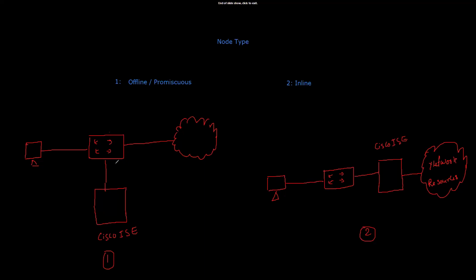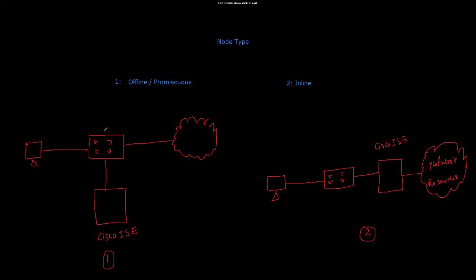So promiscuous or offline means what? We are going to keep the decision on the device itself while somebody is connecting to the device. It has the capability to take the decision, and based on its decision, it can allow or not allow.